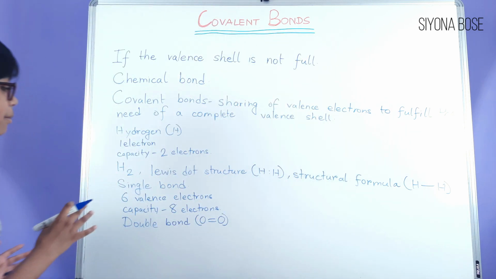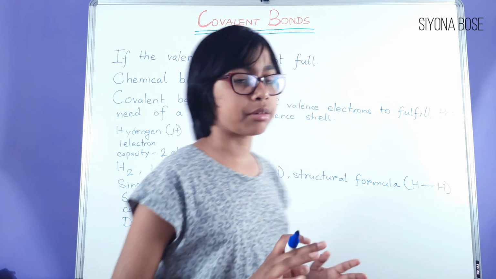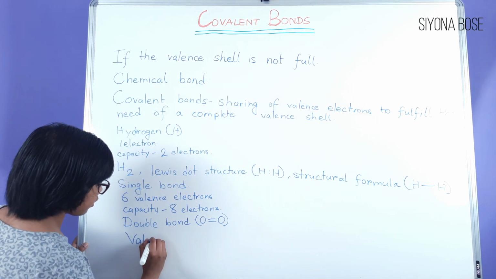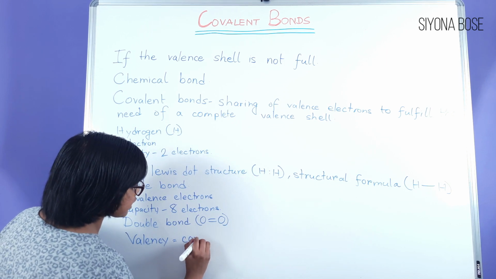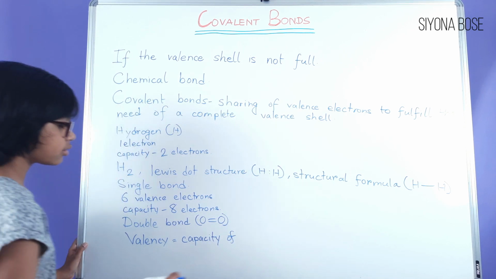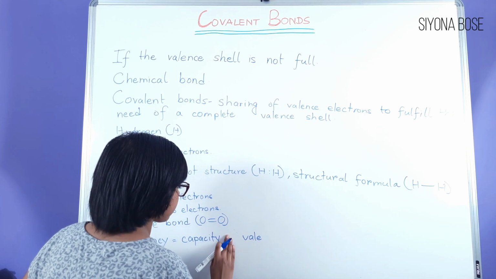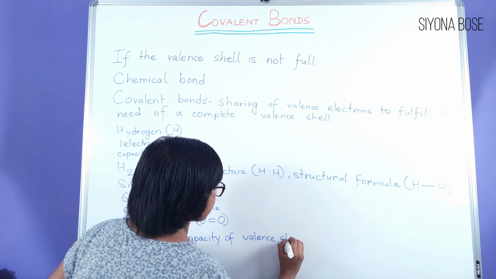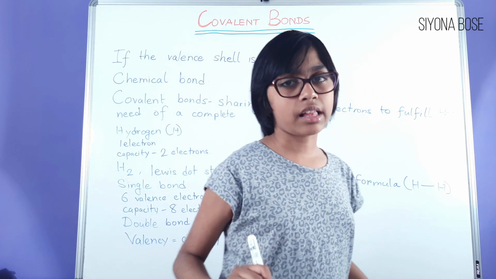So you can remember valency with this formula. It's not really a formula, but it's easy to remember: valency equals capacity of the valence shell minus number of electrons in the valence shell.